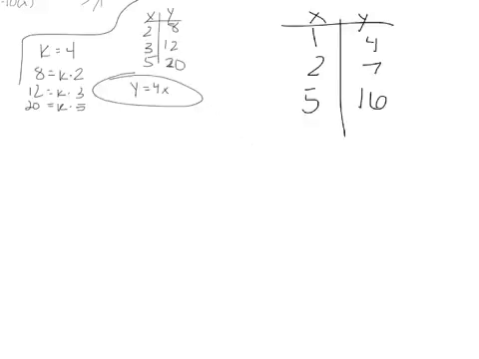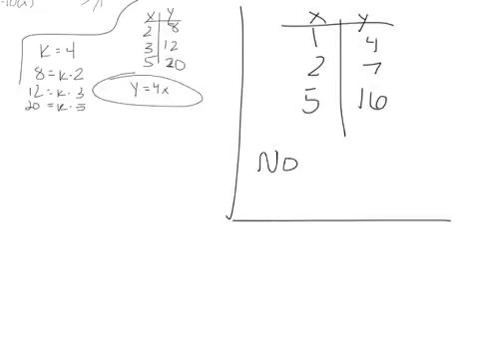See if you can find the constant of variation for this example. This set is not a direct variation. In fact, I don't really know what variation it is, so I'm just going to write not a direct variation. I'm only worried right now about whether or not this is a direct variation, so that tomorrow and the days after we can start talking about inverse variations.